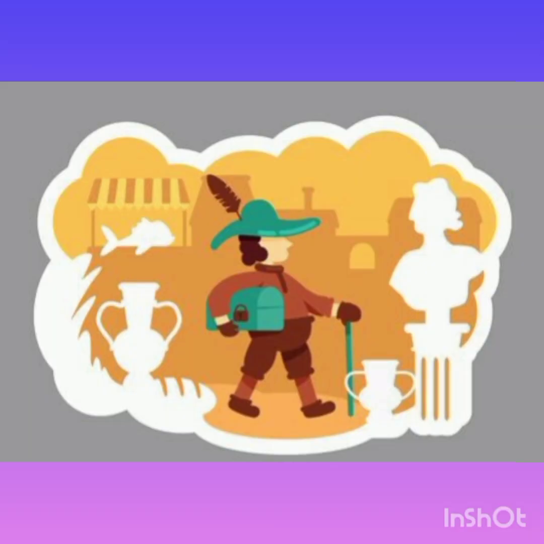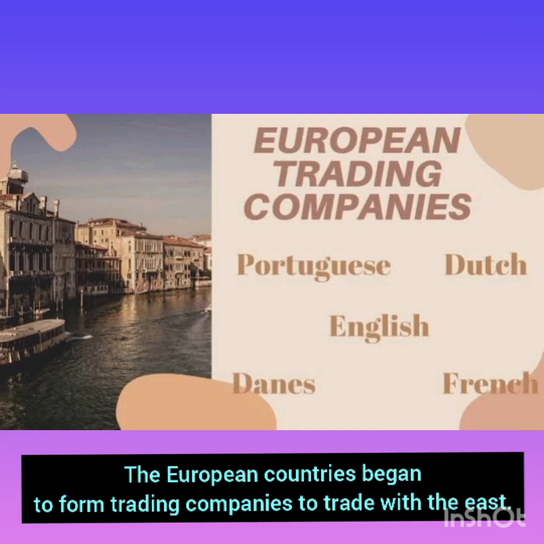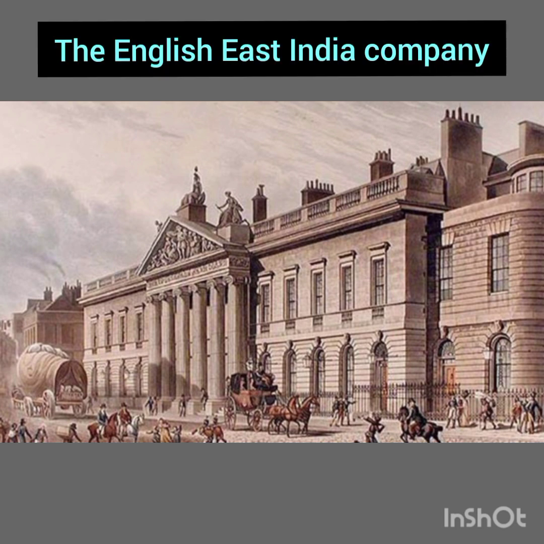Students, do you know, trade till the early 17th century was carried on by individual merchants and traders. But the European countries began to form trading companies to trade with the East, and one of them was the English East India Company.